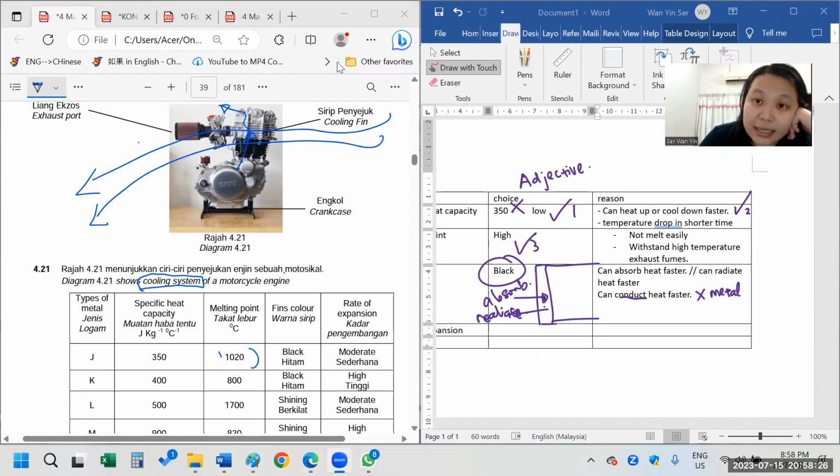It's a good heat radiator. Same meaning as this. Can radiate heat faster is a good heat radiator. Very good. So please write at least 2 reasons as backup.